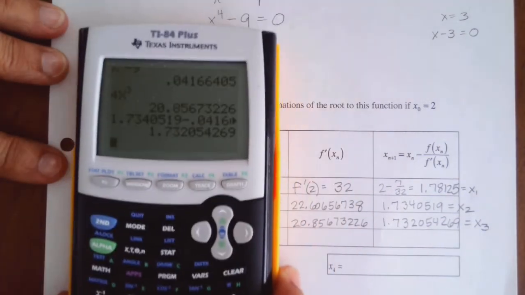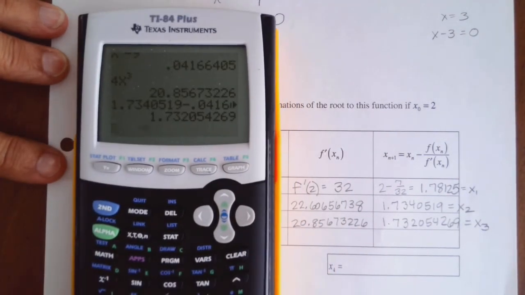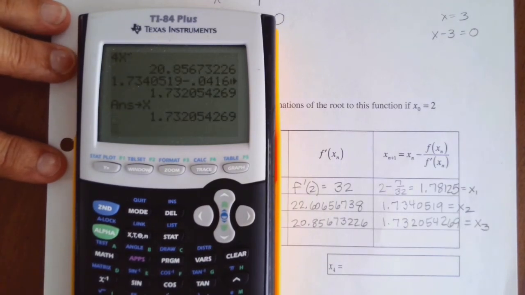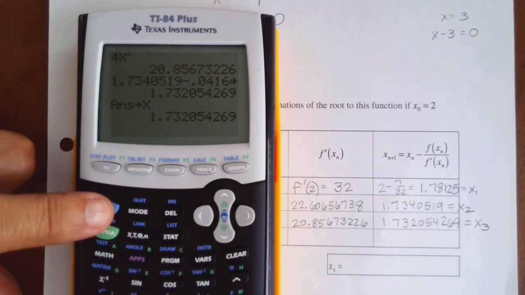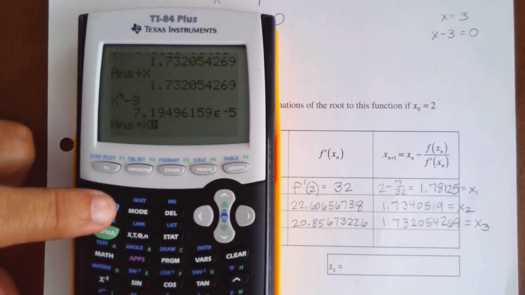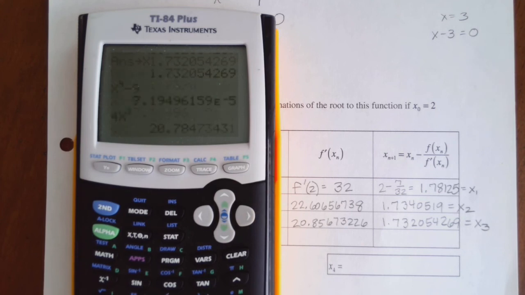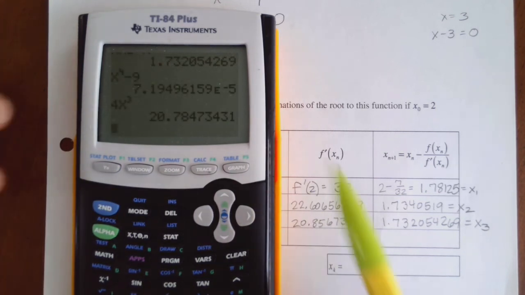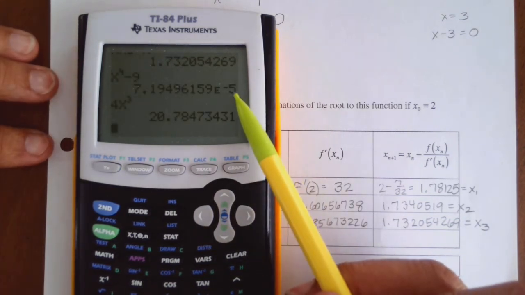So we need to store this number. So store x. Okay, and now we're ready to get the function back. So second enter. And then the derivative. Okay, remember that means move the decimal 5 places back.